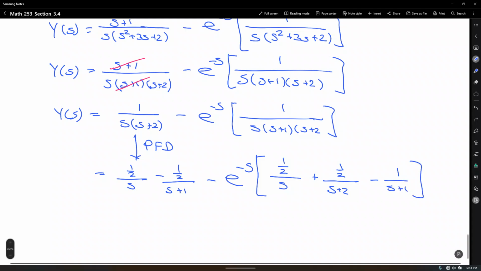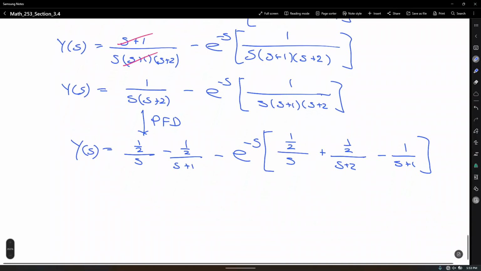That's after maybe a page of partial fraction decomposition that covers both problems here.